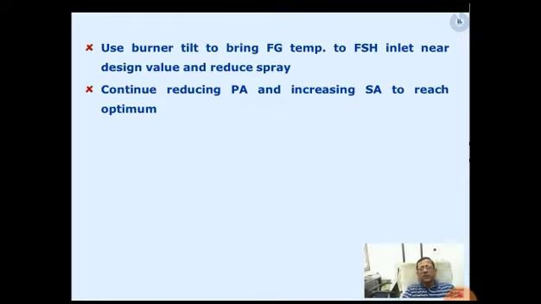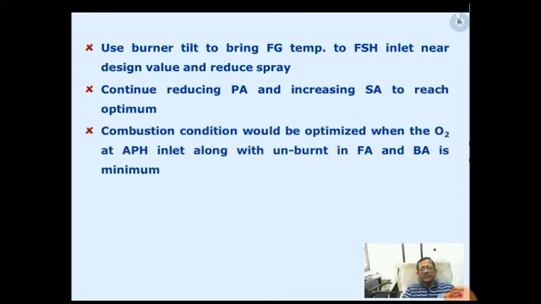So this is the time when we measure the O2 and see it is minimum. We also measure the unburned and see it is minimum. Then we understand, okay, we have reached a condition where the combustion 3Ts are optimized in the furnace.